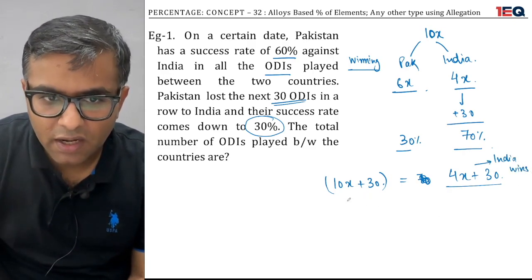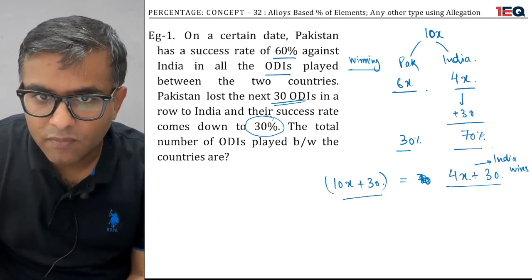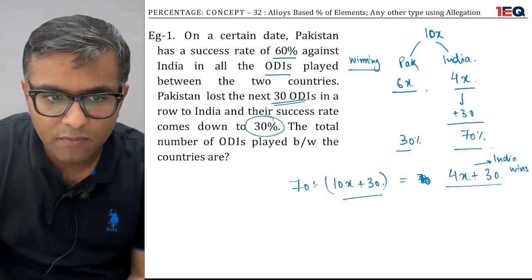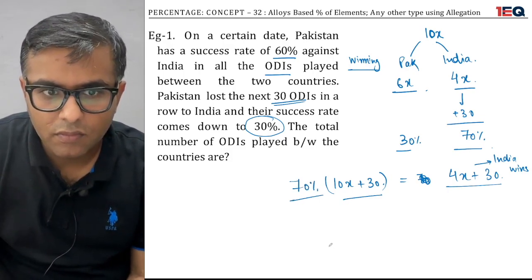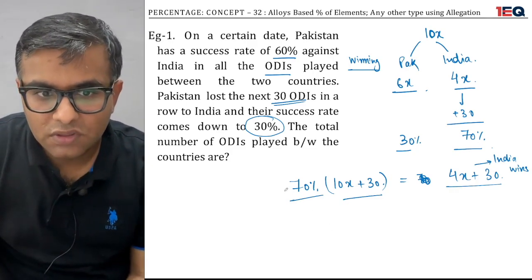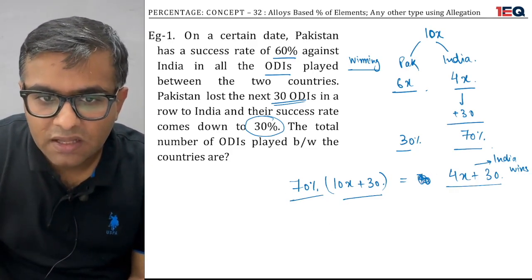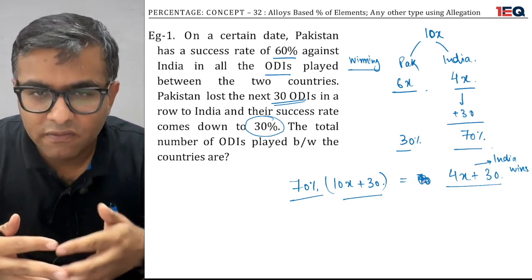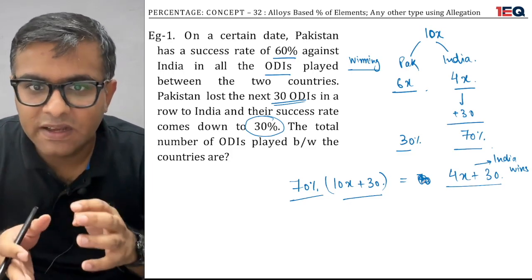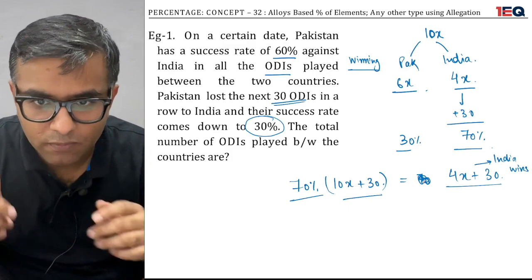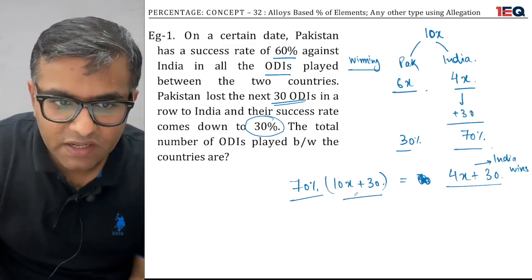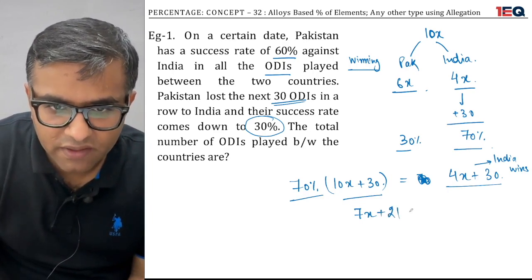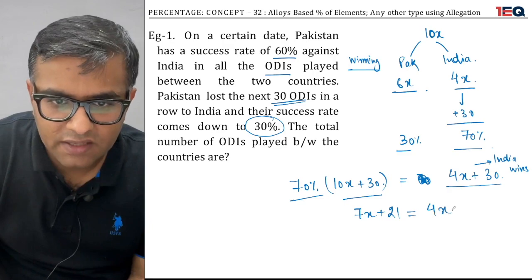But the percentage of India winning at the end came out as 70%. So this is how the equation turns out to be: I am equating India's success with the loss of Pakistan. Okay, so now see what I'm gonna do. 70% of 10x is 7x, plus 70% of 30 is 21, is equal to 4x plus 30.